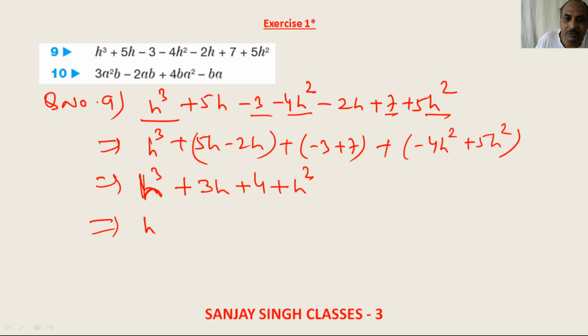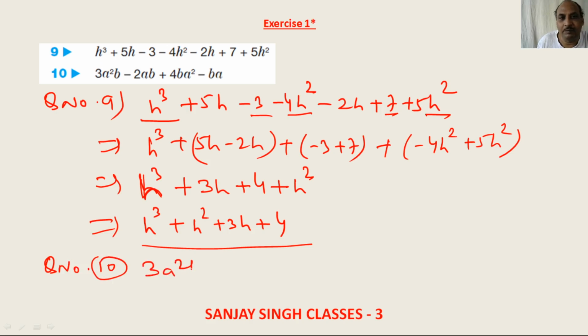So we write h cube plus h square plus 3h plus 4. This is the way of writing any algebraic expression. The variable having the highest degree should be written first and then in descending order. For 4, you can say h to the power 0. Right. Question number 10.